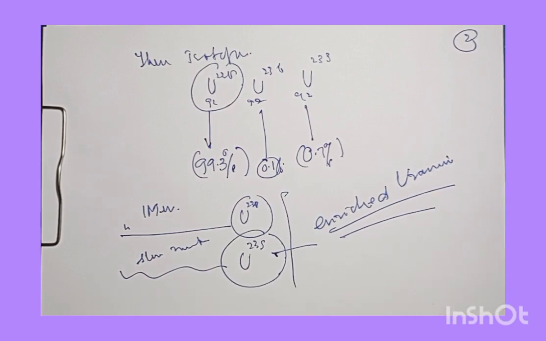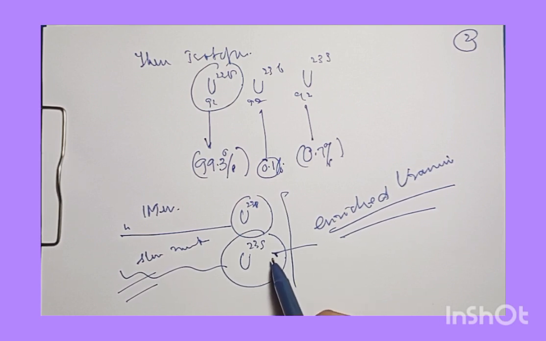All right. So the point is clear here that the reaction can be triggered simply by slow moving neutrons if we have uranium-235. We have to liberate uranium-235 from a bulk having all three isotopes in it.